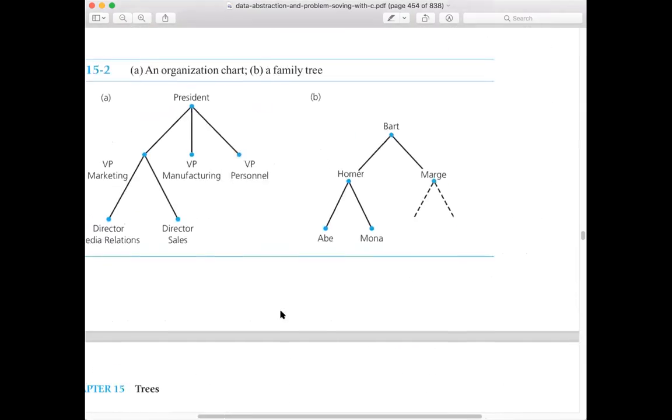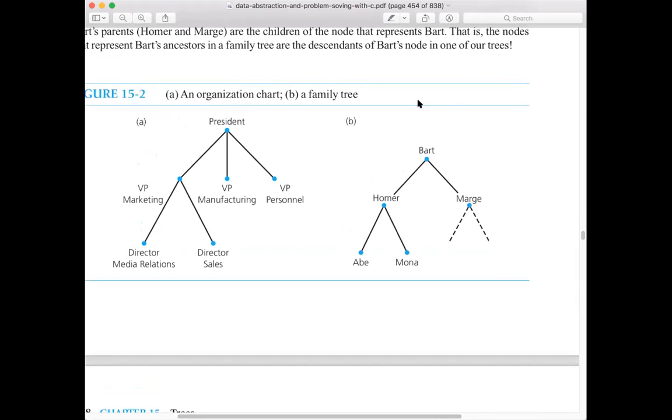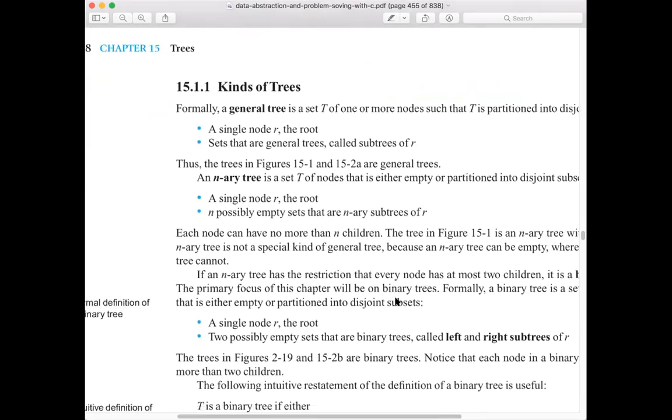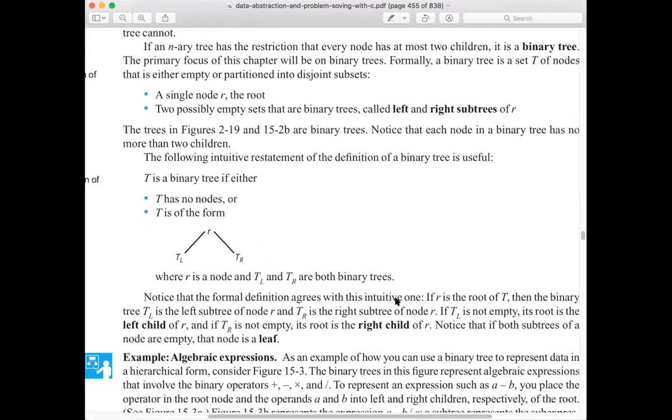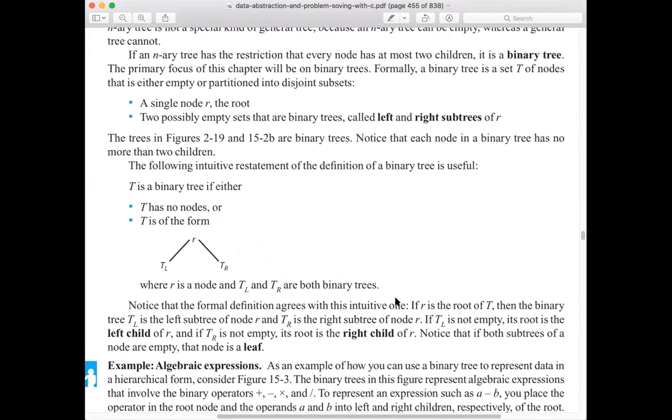Figure 15.2b. Okay, so here's a binary tree, right? Because every node has 2 or fewer children. So if you have a binary tree, you can talk about each node having a left subtree and a right subtree.